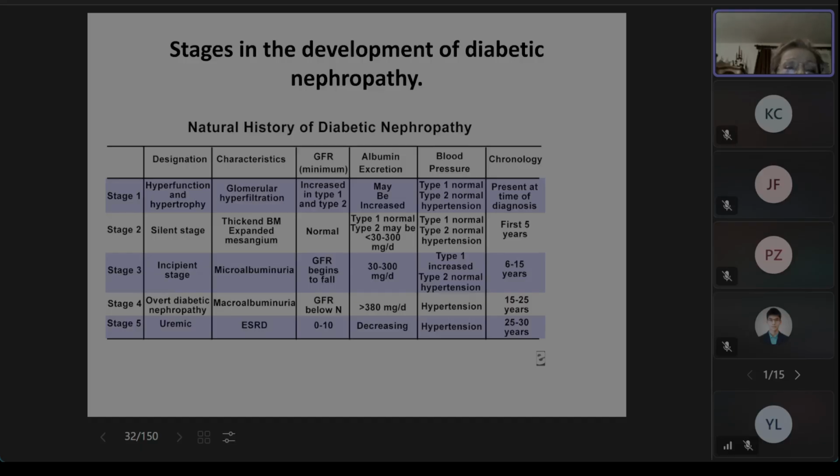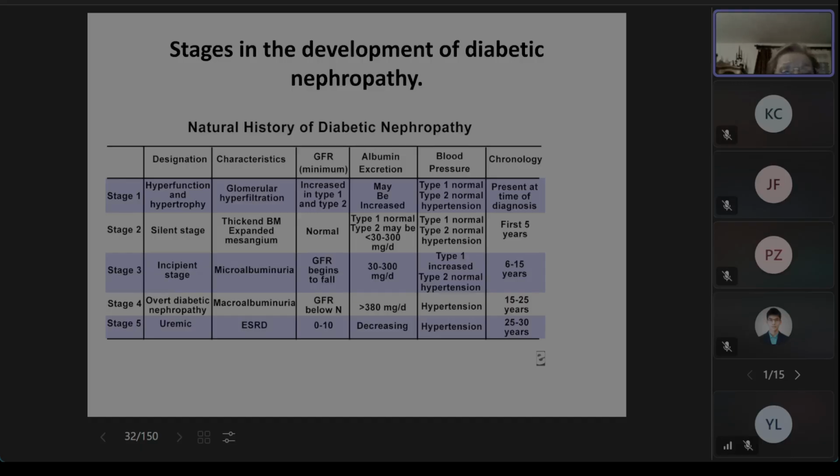We can observe increased GFR level in both types of diabetes mellitus because of hyperfiltration. The GFR level can be as high as 120 milliliters per minute, or even 140 milliliters per minute.